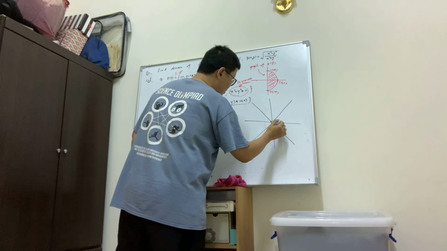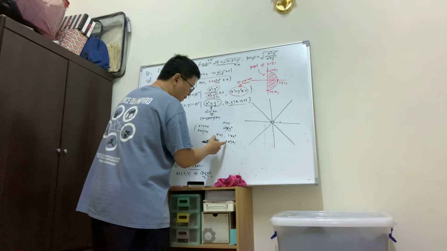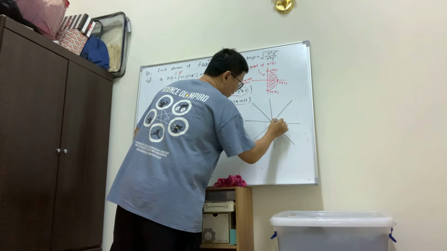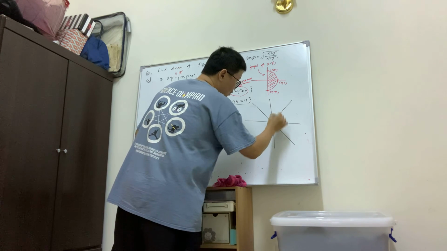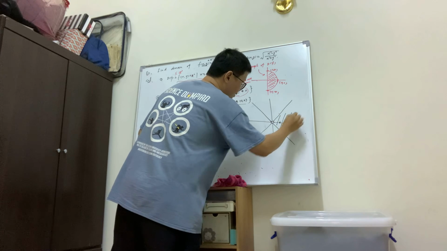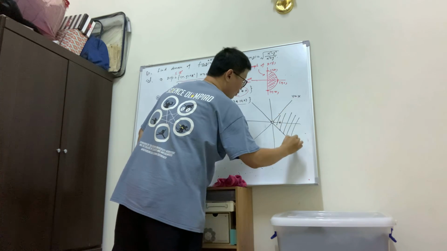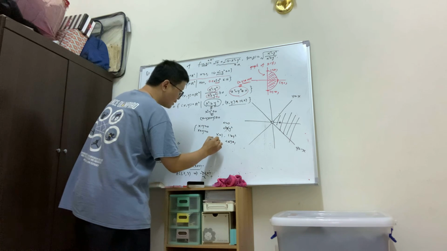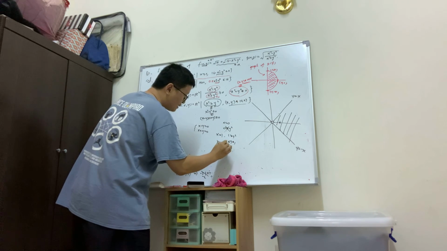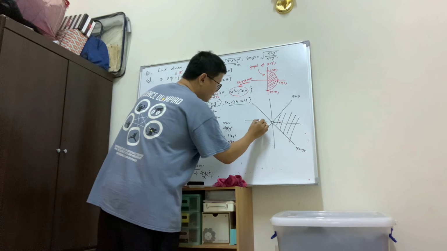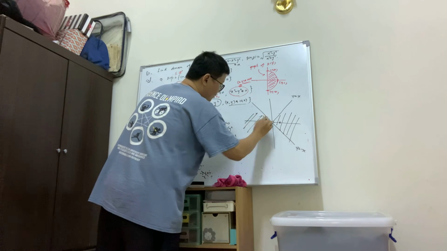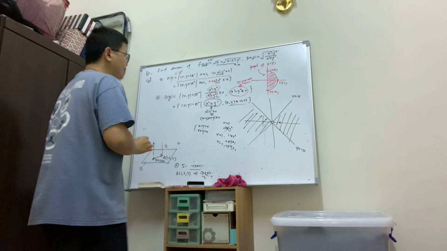So when x equals 1, y could be between negative 1 and 1. So it's the region. Here is our y equals x, y equals negative x. And it's the same when x equals negative 1, y is between negative 1 and 1. So it's also a graph in this region.